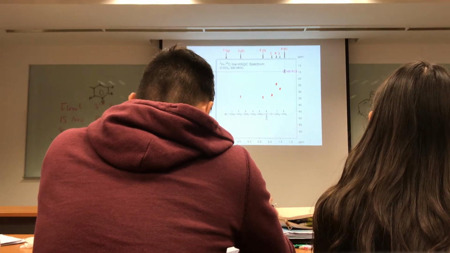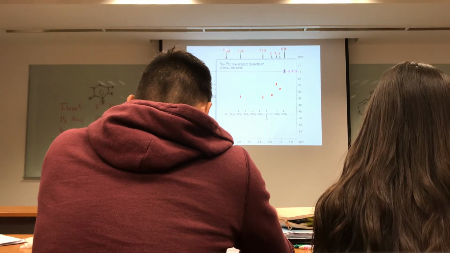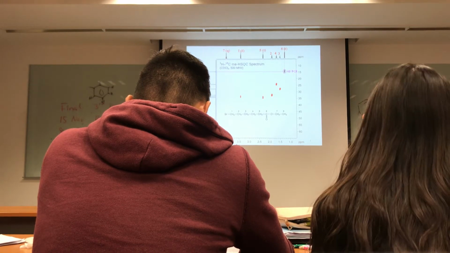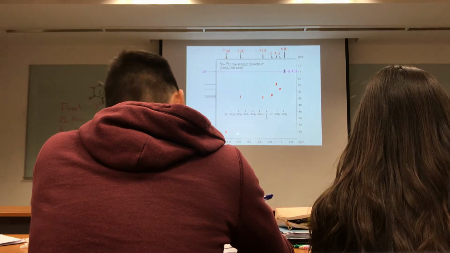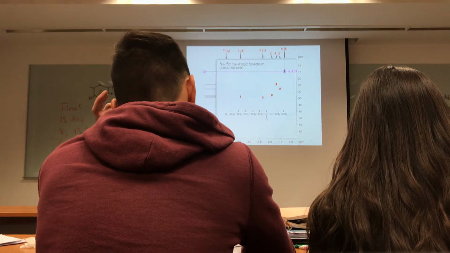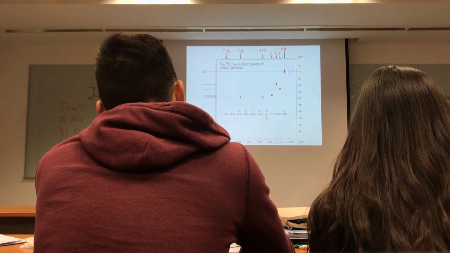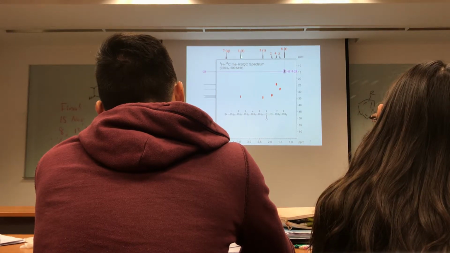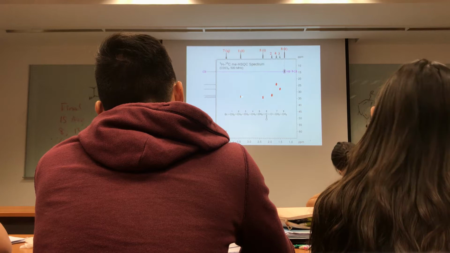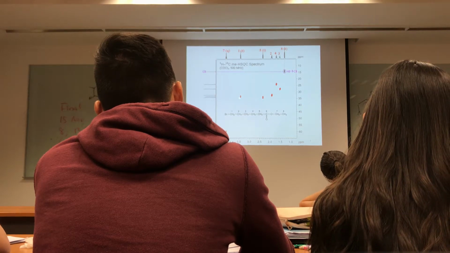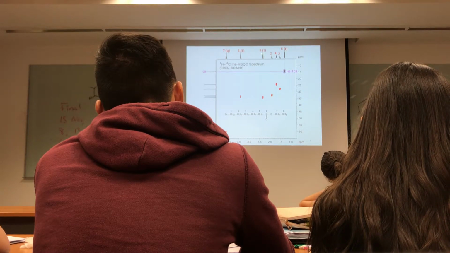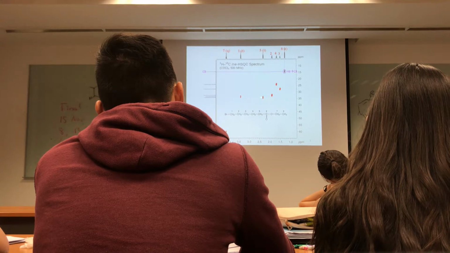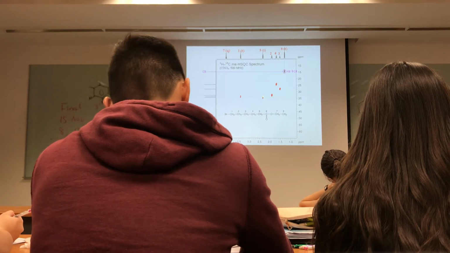By this, you can tell these 2 protons are on this carbon. That means this carbon is a CH2. The same, this one corresponds to here, this one is also a CH2. This is a CH2 again.